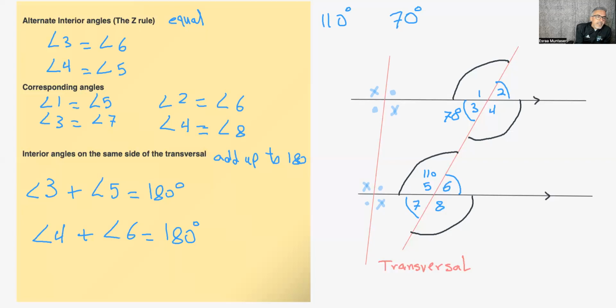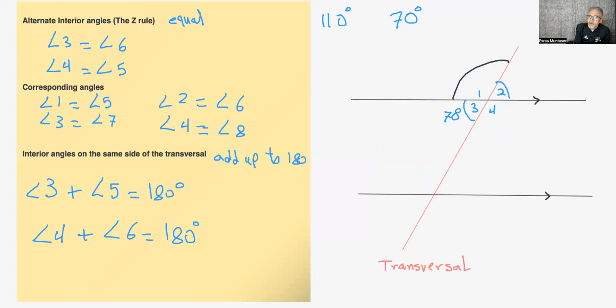Now, let's say a few more things here. I'm just going to erase that line and get rid of it. We must say that when we have parallel lines, if I give you the measurement of one angle, you should be able to solve every angle in here.